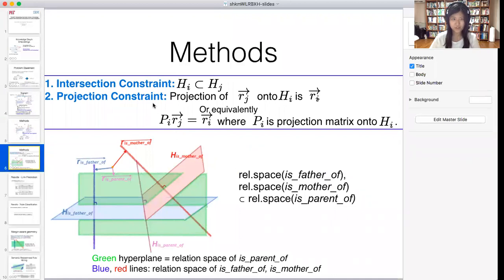Our method is to impose two additional constraints to TransINT, and we can verify visually that if this green hyperplane is the relation space of is parent of, it contains the relation space of is father of, this blue line, and the relation space of is mother of. That means that all the T minus H's in is father of automatically belong to that of this green hyperplane, which is the relation space for is parent of.